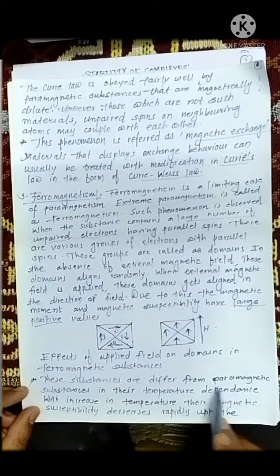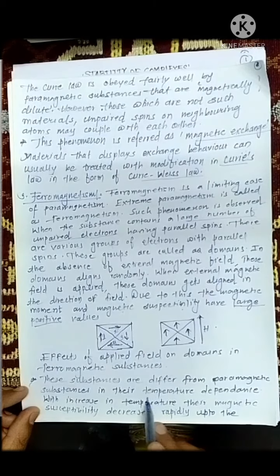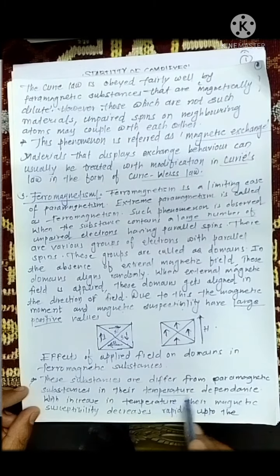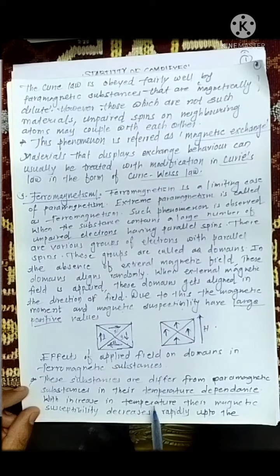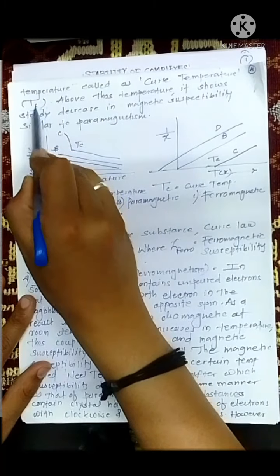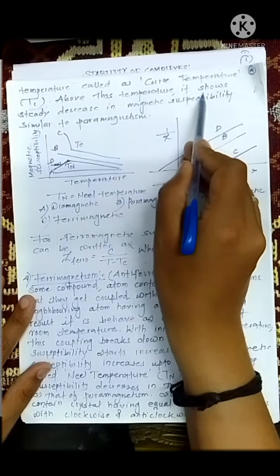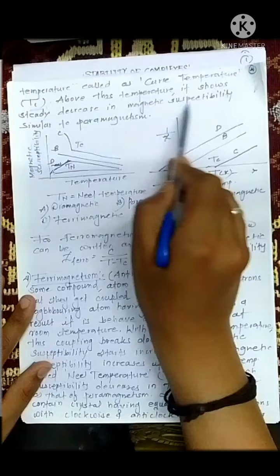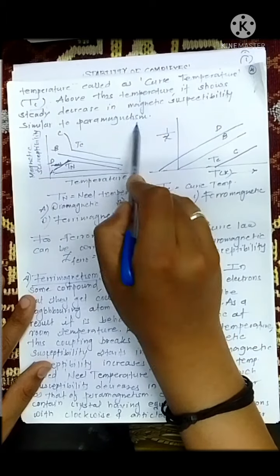These substances are different from paramagnetic substances in their temperature dependence. With an increase in temperature, their magnetic susceptibility decreases rapidly up to the temperature called the Curie temperature, which is denoted by Tc. Above this temperature, it shows a steady decrease in magnetic susceptibility, similar to paramagnetism.